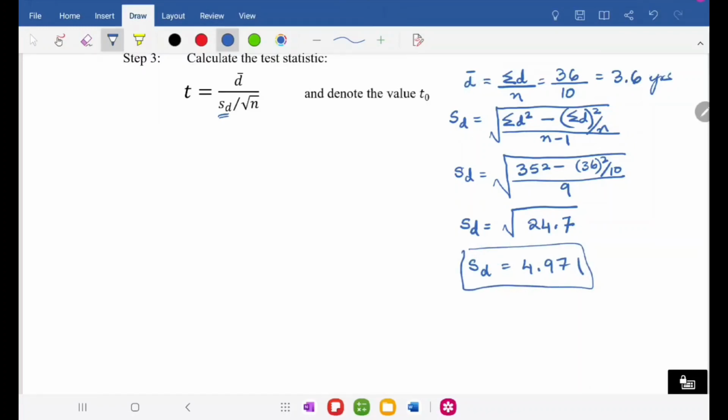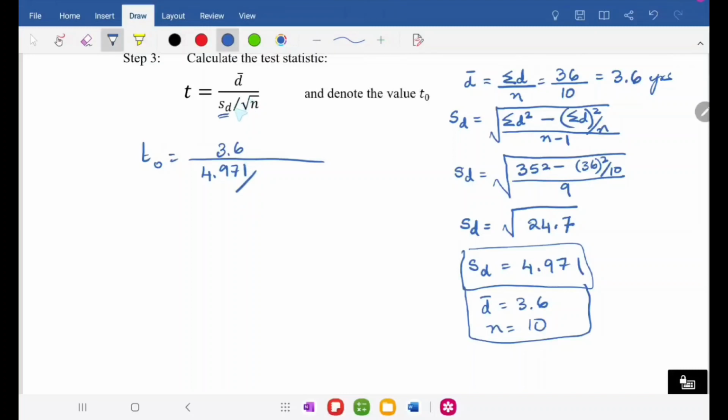So we got our D bar value equals 3.6 and our N is 10. These are the values we need to find t sub 0. So t sub 0 is D bar, 3.6, divided by 4.971 divided by the square root of 10. Please don't multiply.